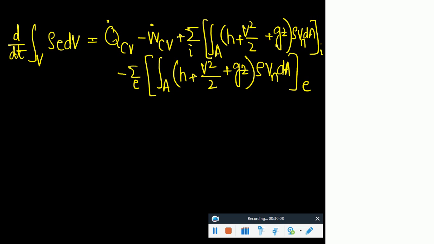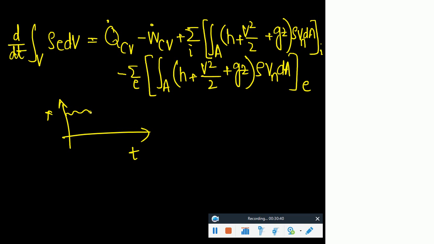Okay? And most of the time, remember, although processes are transient in nature generally, if the effect of those fluctuations due to time in any property value is very small, we can consider that process as if it is steady state. Like for example, if I just plot a graph in front of you and I say that there is some quantity x, you plot it with respect to time.